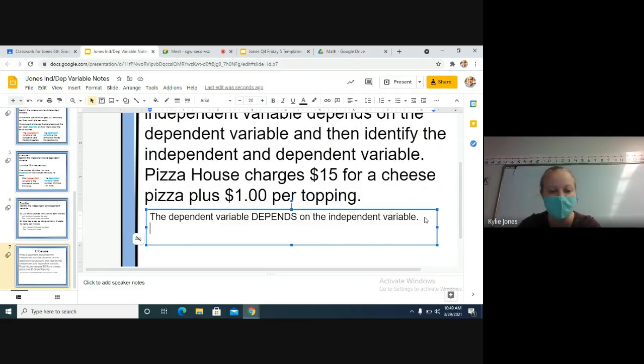So now if we're looking at this Pizza House one, Pizza House charges $15 for a cheese pizza plus $1 per topping. So it's always $15, and then the amount of toppings that you put on makes you pay more money. So we have two things here, the independent variable and the dependent one, right? Does the number of toppings depend on the money you spend, or does your money depend on the number of toppings?